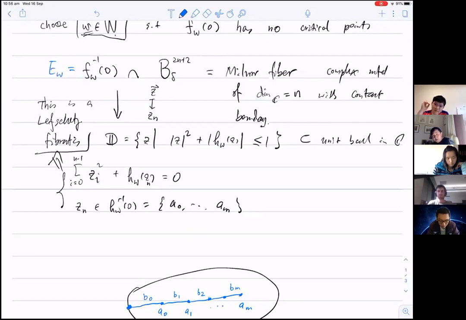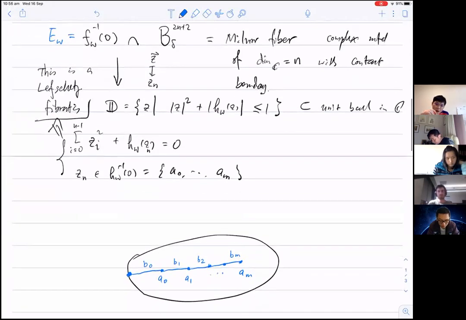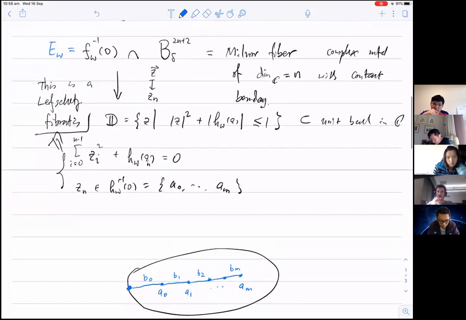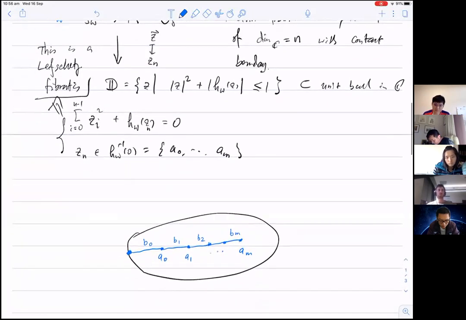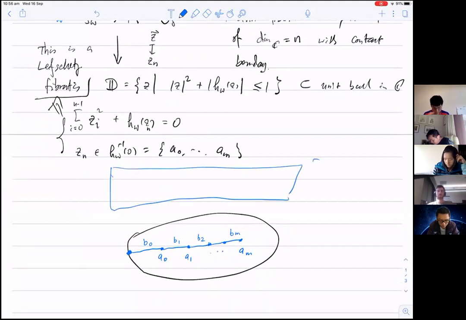Yeah, E. And then here is our W. Near these points there are singular fibers. If you look at regular points, here are the regular points. So there is a vanishing sphere.